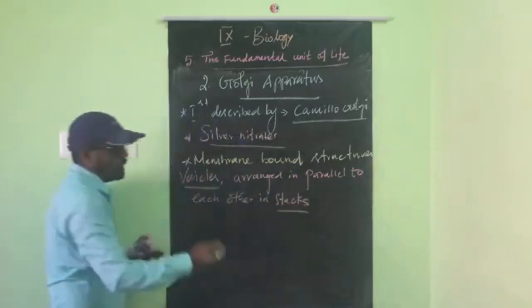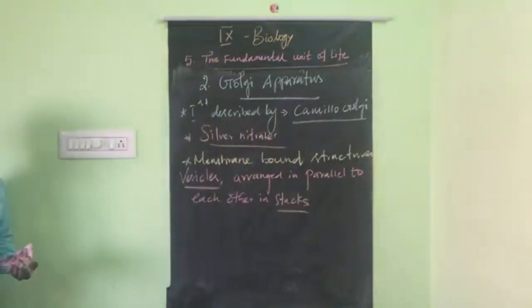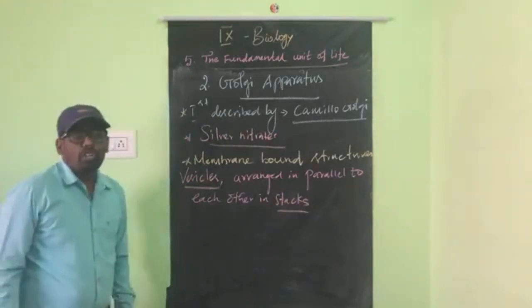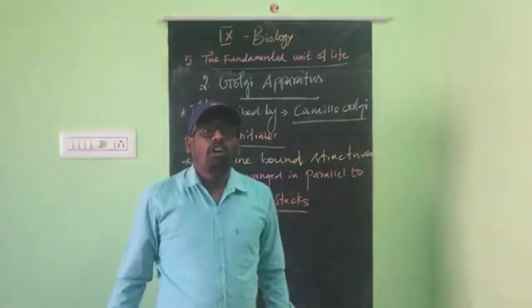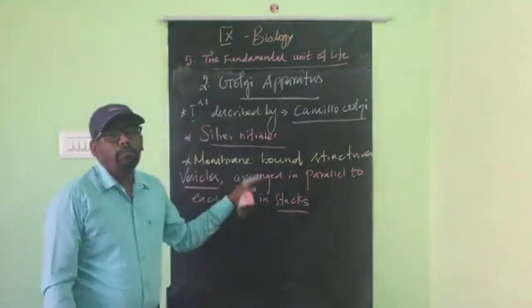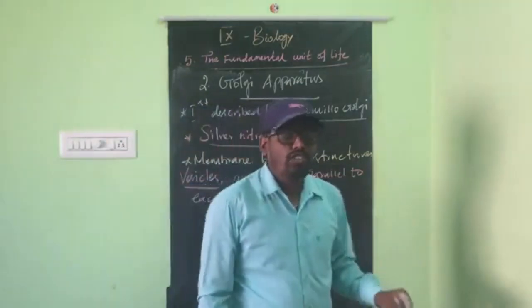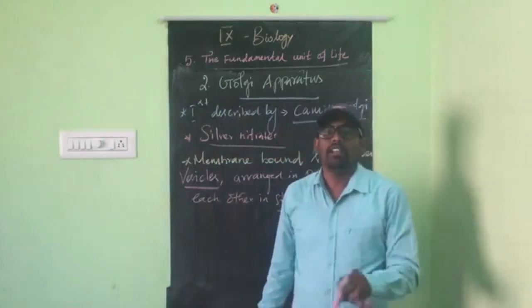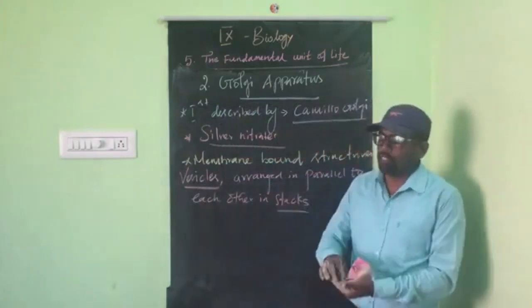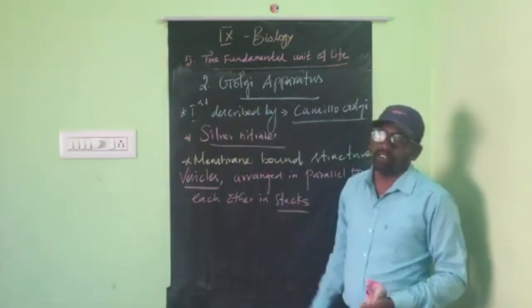What is stacks? One by one it is arranged. So this is the structure of the Golgi apparatus: membrane bound sacs or vesicles arranged parallel to each other in stacks.